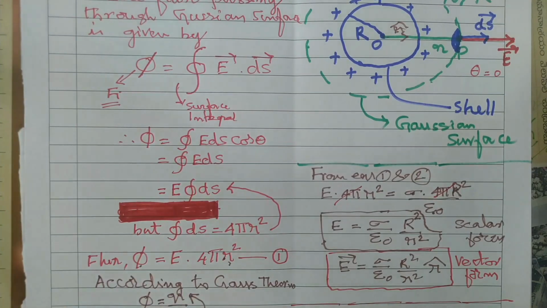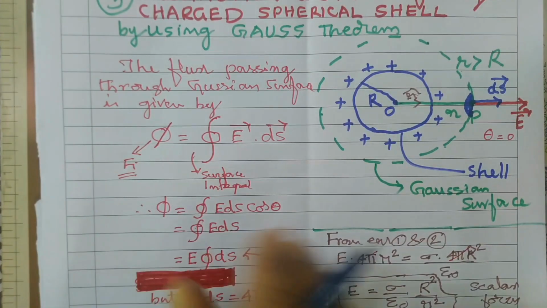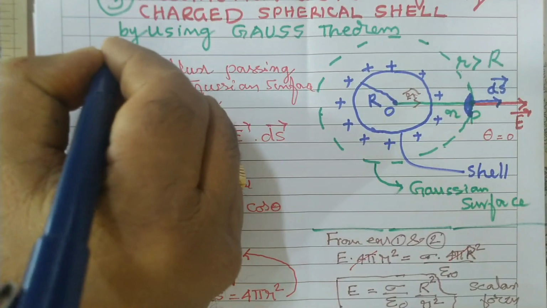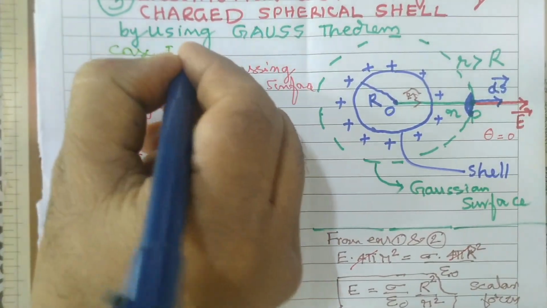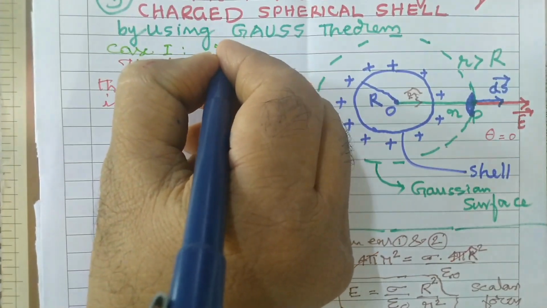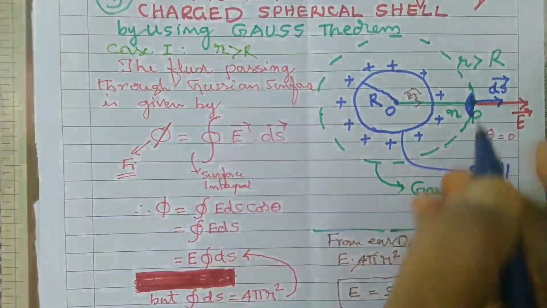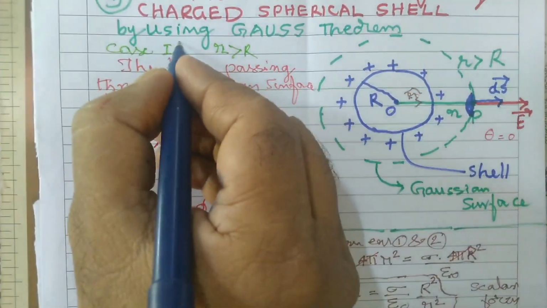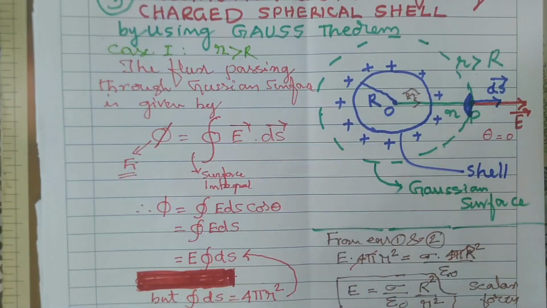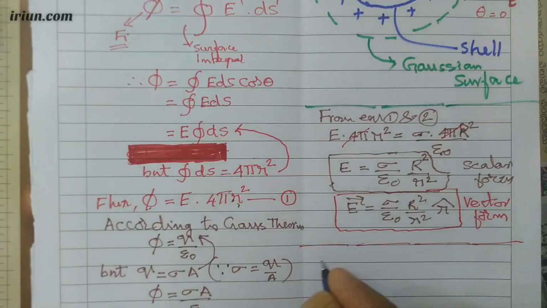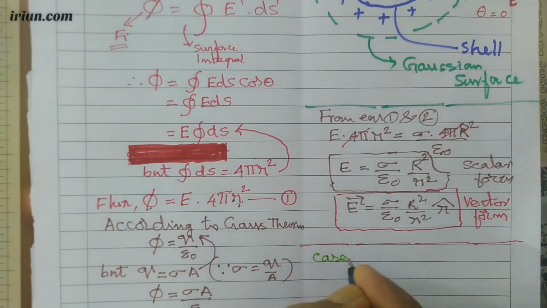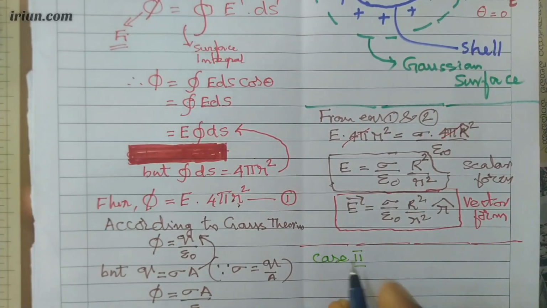Now, dear students, I have to tell you one thing, that this is case number 1 where small r is greater than capital R. I mentioned it here, but I have not written it as case number 1, so I would like to write there. Now I would like to take up case number 2 where the point P lies on the shell.